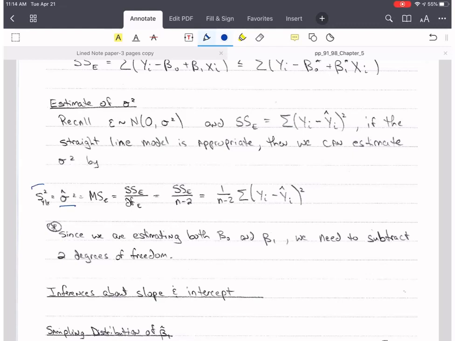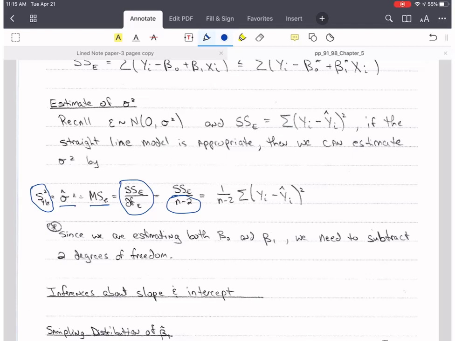We're going to say sigma hat squared, and we're going to use some notation: s squared, or s sub y given x squared, is also the MSE. We've seen in the ANOVA that it's the sum of squares error divided by the degrees of freedom error. In the straight line model, the degrees of freedom is n minus 2, because we're estimating two parameters, beta naught and beta 1.